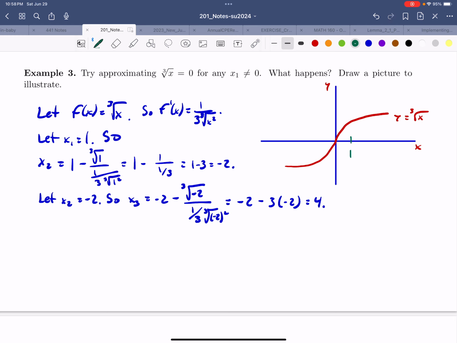But then when we drew the tangent line, where did that equal 0? It equaled 0 way over here at -2. So when x1 equaled 1, we got that x2 equaled -2.